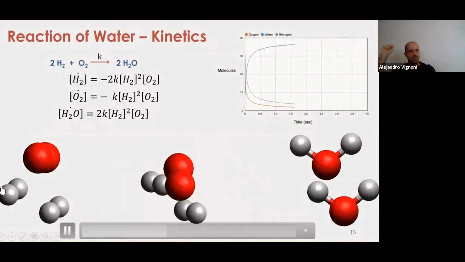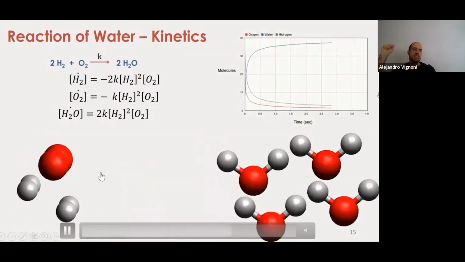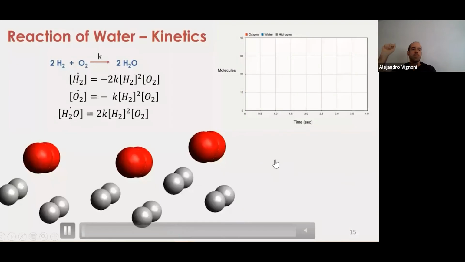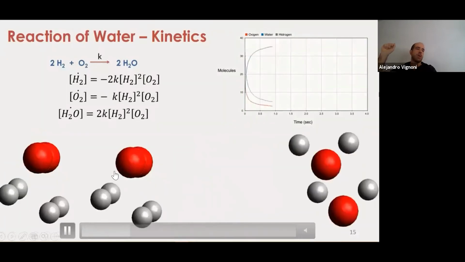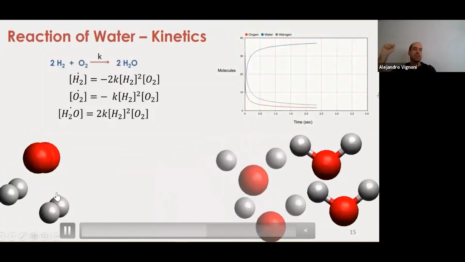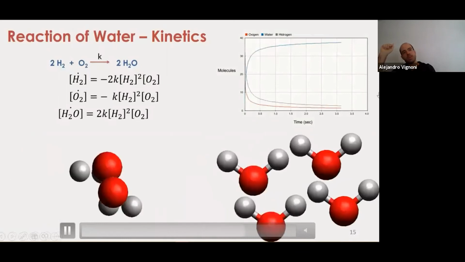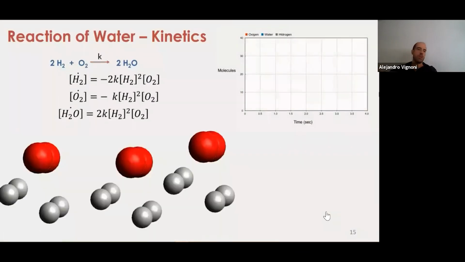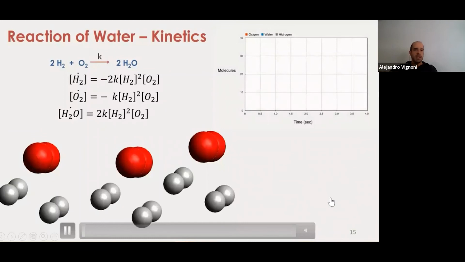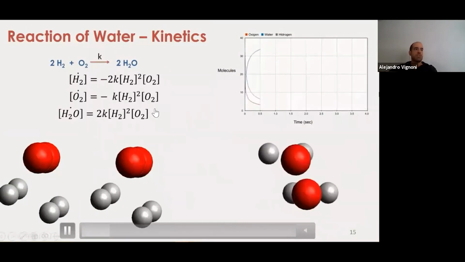And here is a very small animation that is telling us how this conversion is happening and why we have fewer molecules of oxygen and hydrogen at the time when they become the water molecule, okay? Just to get the idea of what these equations are telling us.